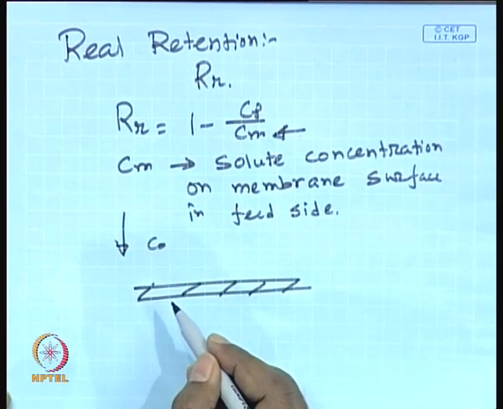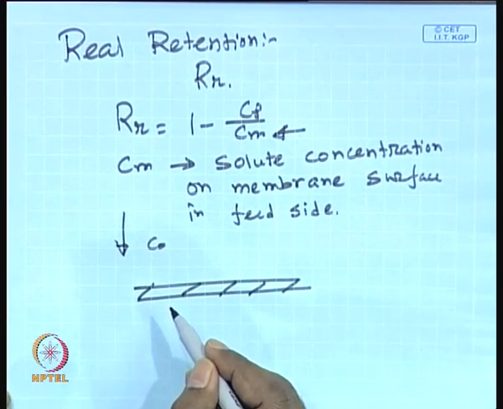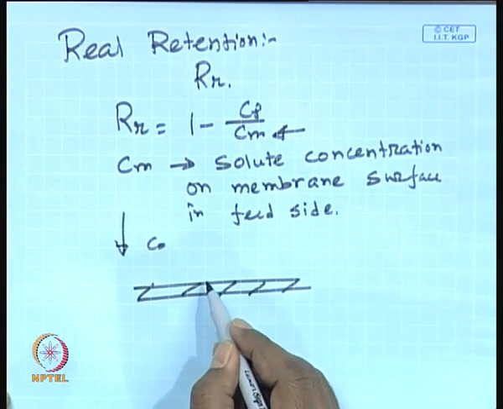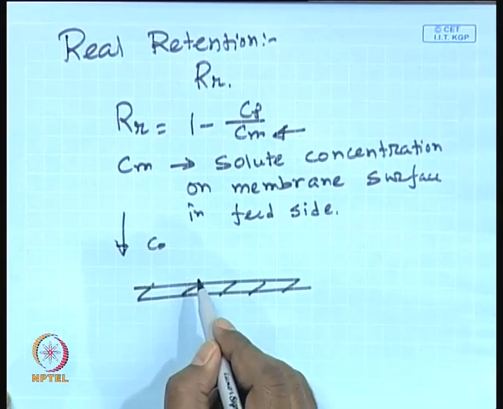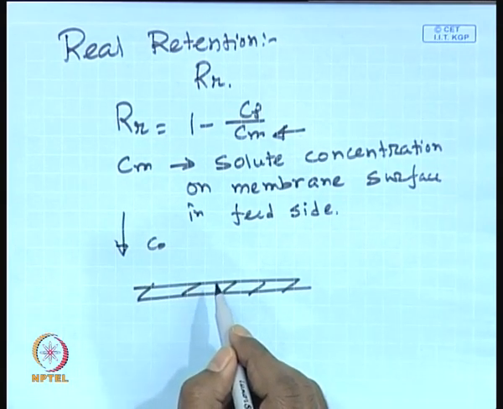Under pressure, solutes will be convected towards the membrane surface and they will be retained by the membrane. So there will be a concentrated solution of the solute near the membrane, or in more technical terms, there is a development of a concentration boundary layer or mass transfer boundary layer over the membrane surface, something like this.